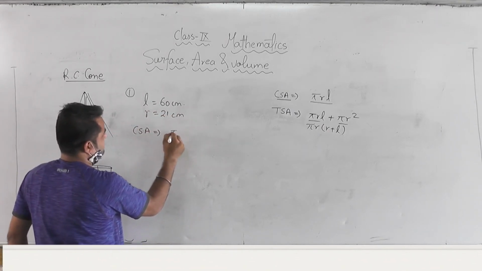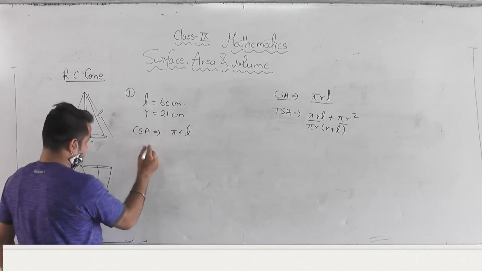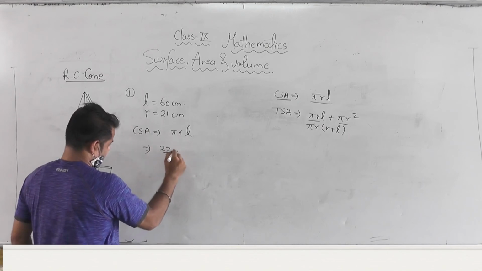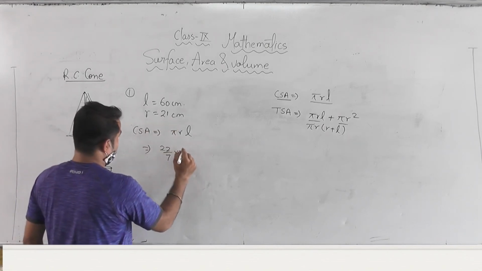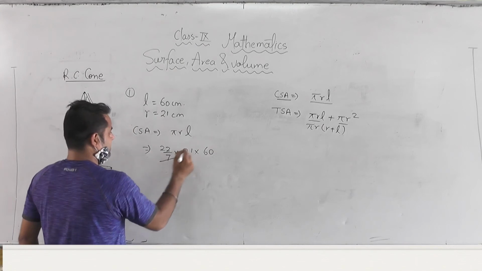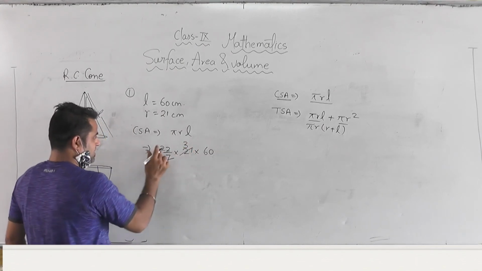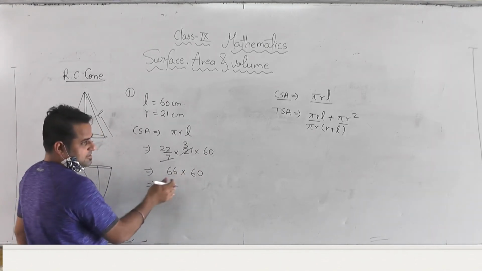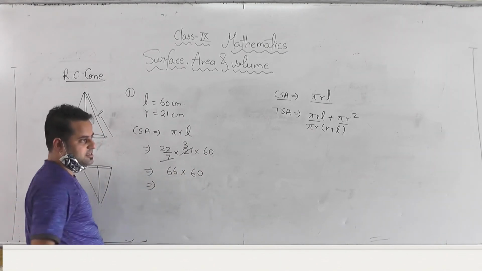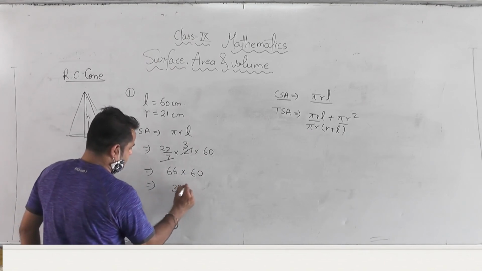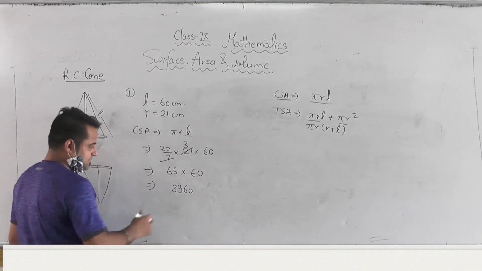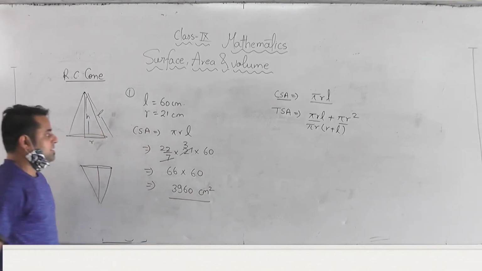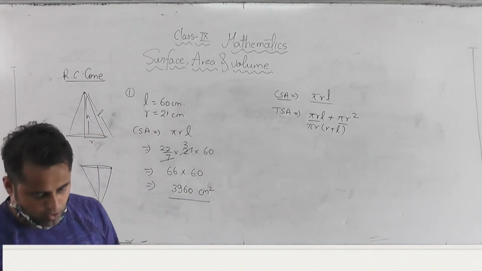Since CSA is pi R L, pi we take as 22 by 7, R is 21, L is 60. We can cancel: 7 3s are 21. 22 3s is 66, into 60. 66 times 6 is 396, and the 0 of that 60 will also come. So 3960 centimeter square will be the CSA of this cone.